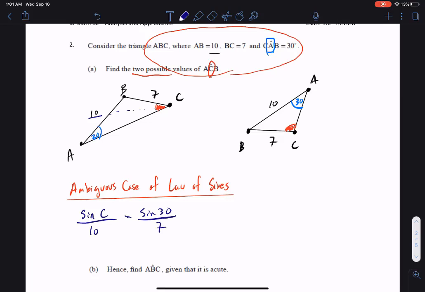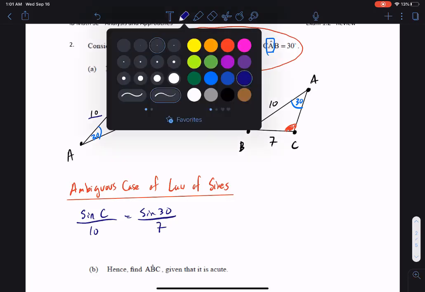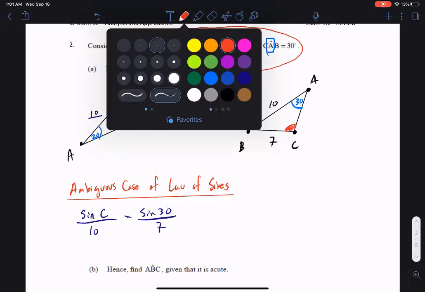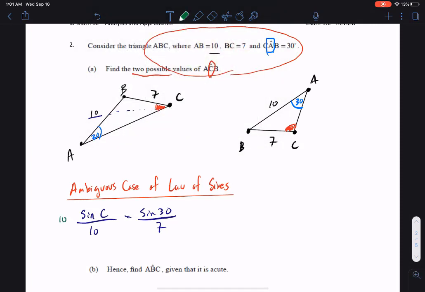So I could solve this for C by multiplying both sides of this equation, let's do it in green, by 10.